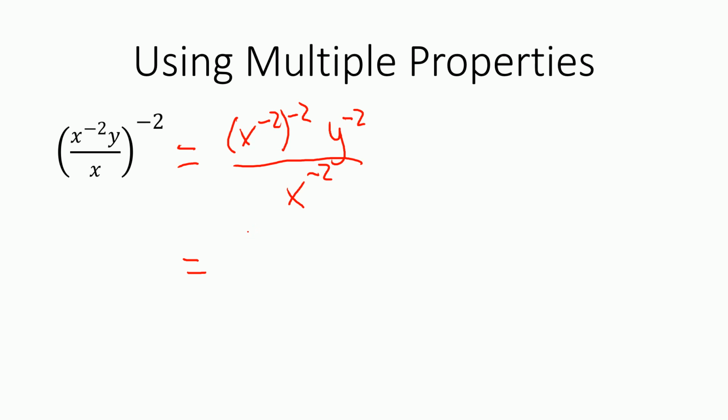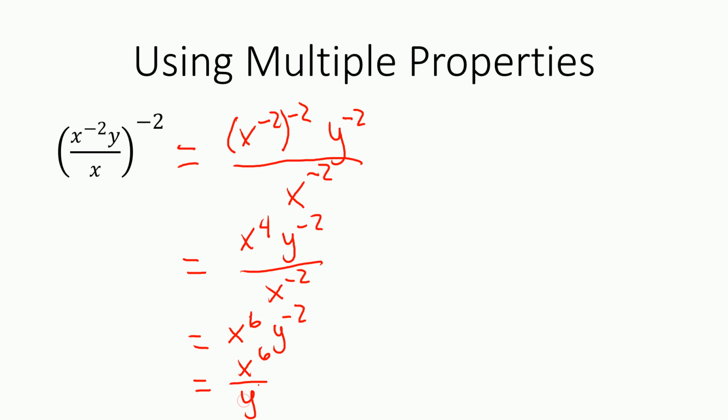Well, negative 2 times negative 2 is a positive 4. And then I can do a quotient property with the two x's. So that's 4 minus negative 2, which would be 6. And now I'm going to deal with the negative exponent of y. I'm going to move it down to the bottom of the fraction, and now I can turn it to positive. So I have x to the 6th y squared.